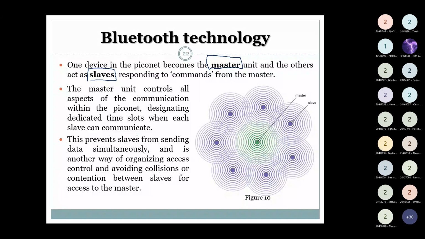Imagine that this device wishes to communicate with this one. This Bluetooth device will connect with the master, and the master will give it the opportunity to communicate with the others. It will have some time slots, some data rate, etc. And imagine now this device wishes to communicate with that one.